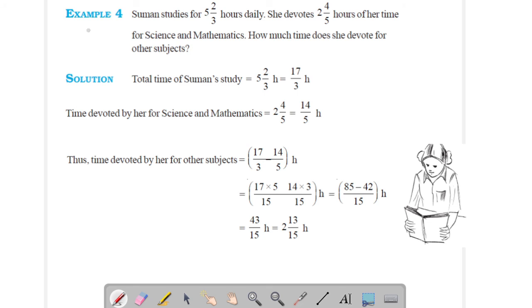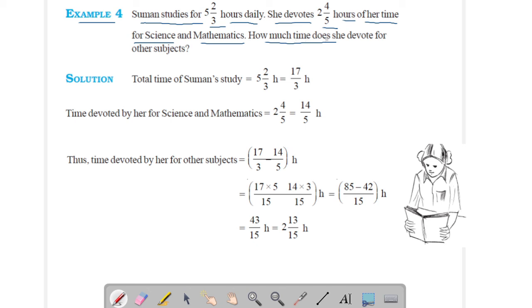Now come to example 4. Suman studied for 5 2 upon 3 hours daily. She devotes 2 4 upon 5 hours of her time to science and mathematics.